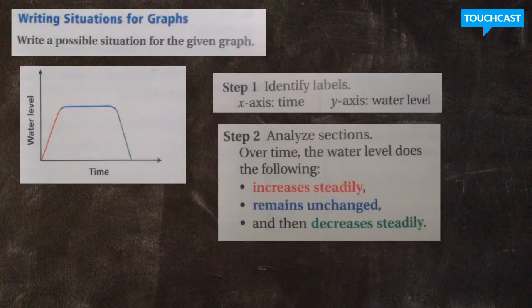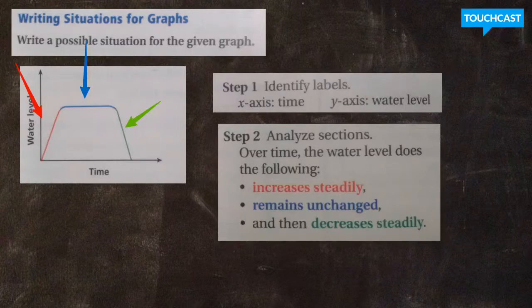Well, here in the red, the water level is increasing steadily. Then, in the blue, we do not see any change in the water level at all. And in the green, we see a steady decrease.